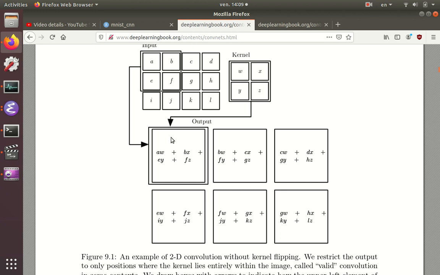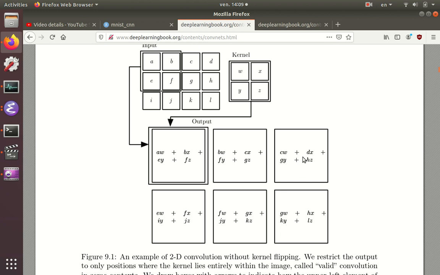So moving to another example, if we slide the kernel over 1 pixel to the right, we're going to be applying B to W now and C to X, and that's what we see here. It's BW plus CX plus FY plus GZ, right? Then when you slide the kernel to the right again, it's going to be C times W and D times X, and that's what we see down here as well.